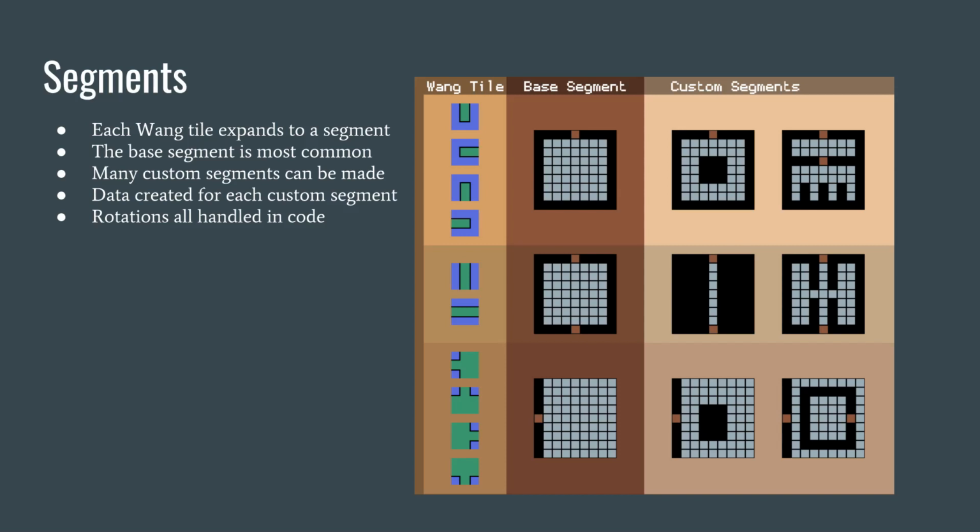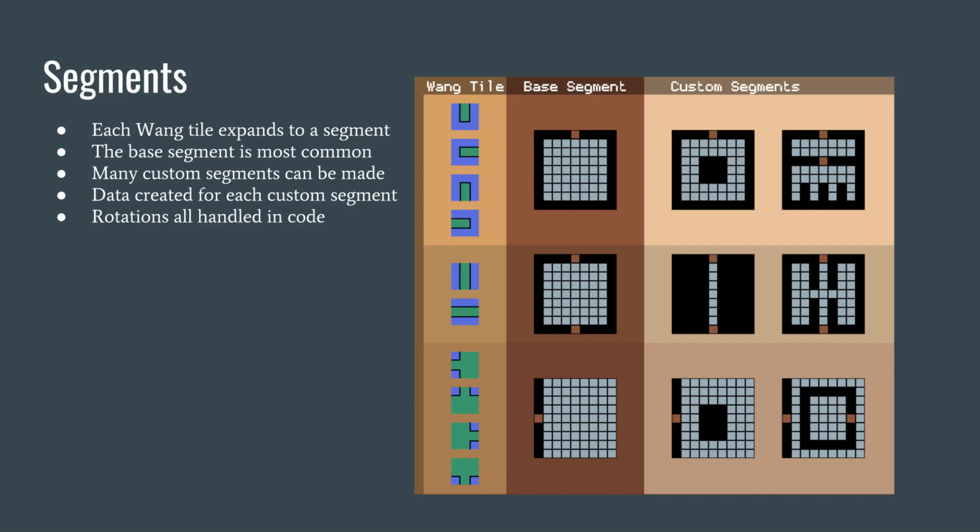Just to expand a little bit on the idea of segments that I had, was really to take those Wang tiles and expand them up to 9x9 chunks that I could then do whatever I wanted with. For each set, there would be a base segment, which would be the main one that would be generally applied. And then for each one, I could also create custom segments, which I could really put whatever I wanted inside of them.